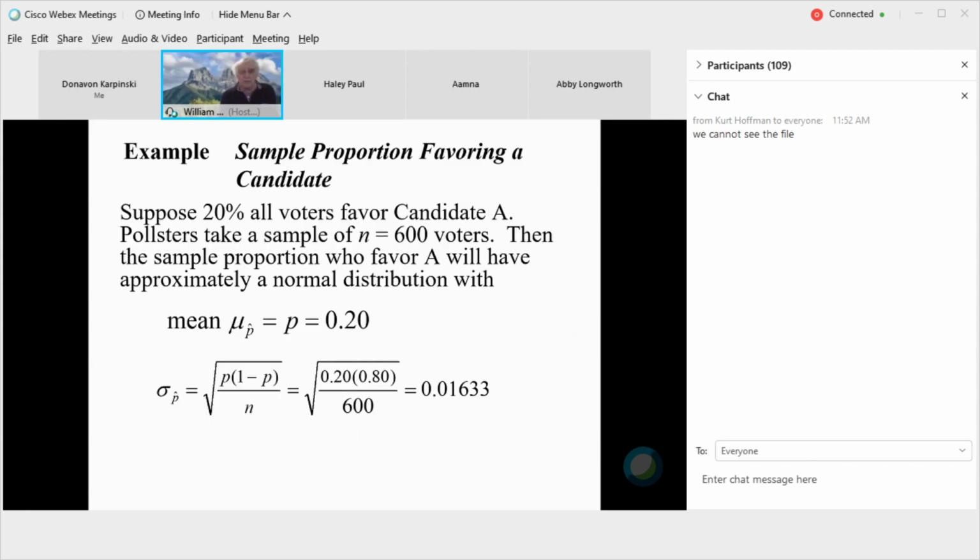Example: suppose 20% of voters favor candidate A. We are going to have a poll where we go out and ask 600 voters who they favor.